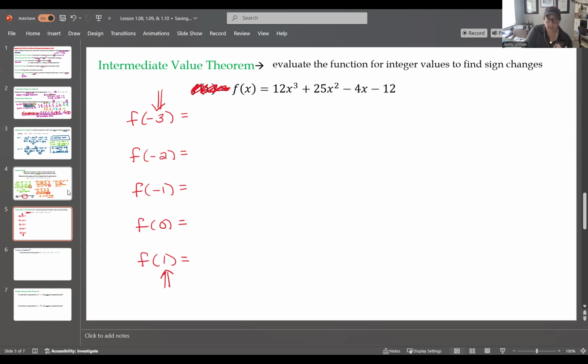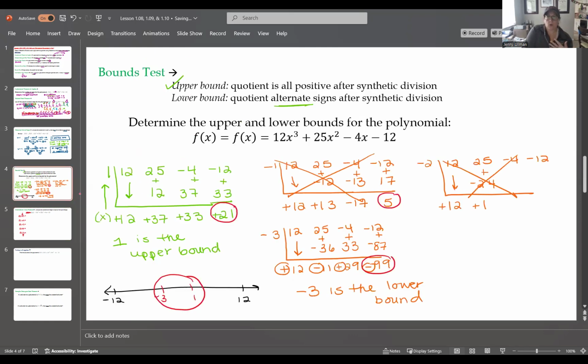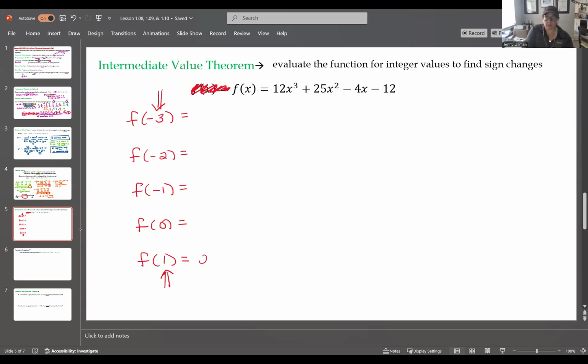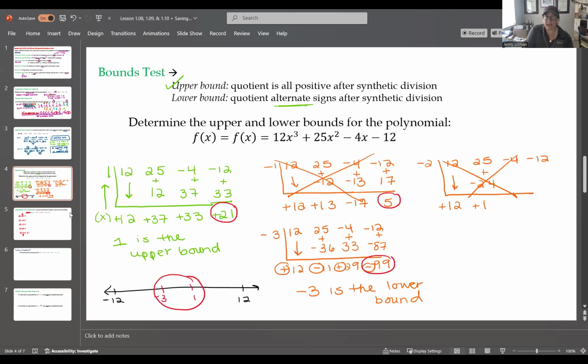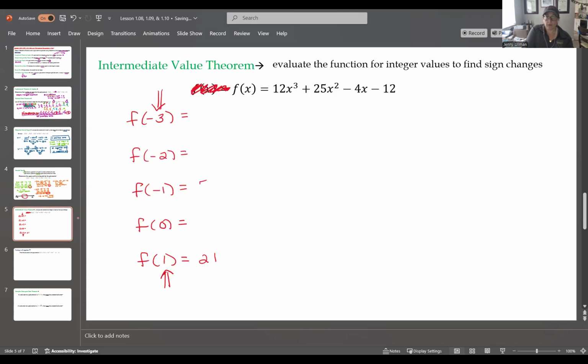Nice thing here is we already have a few of these answers. Remember, the remainder is the same thing you will get when you plug in. So I know when I plug in 1, I will get 21. When I plug in -1, I will get 5.